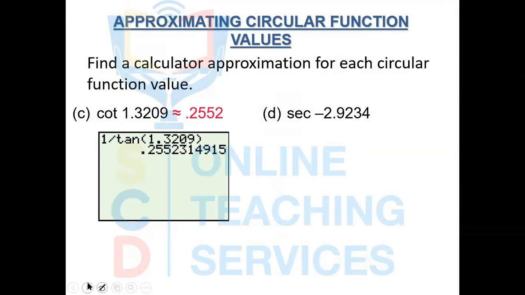Because your calculator is not in radian mode, you will obtain a different answer. So your answer should be 0.2552314915. If we write it in 4 decimal places, then you will have 0.2552. You have to explore your calculator.